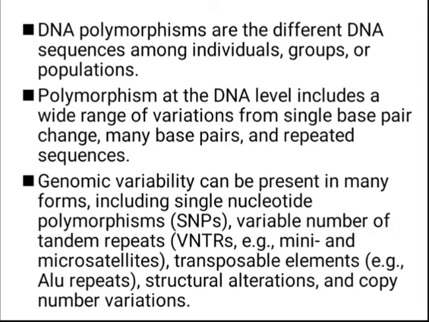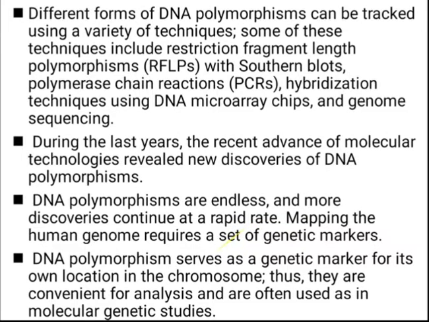Then transposable elements, which include allorepeats, and structural alterations and copy number variations. So these are the genomic variability, which includes very common forms as SNPs, VNTRs and the transposable elements and structural alterations.